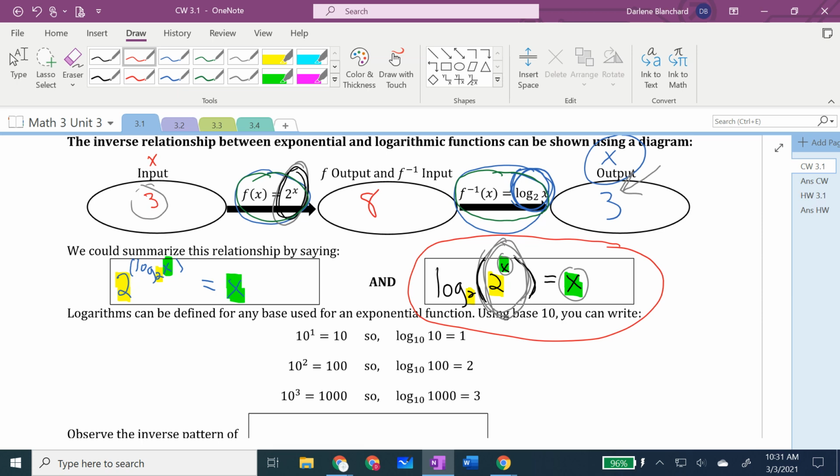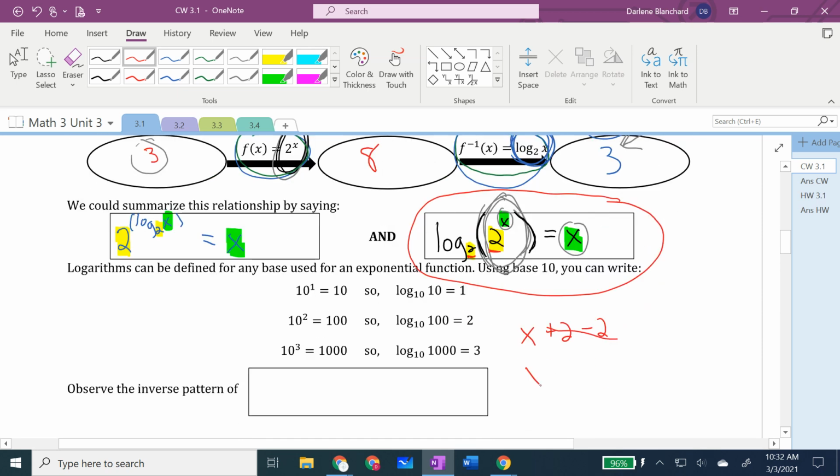And it's an understanding of how if the base of the logarithm matches the base of the exponential, they are operations that undo each other. Just like if you went +2 -2, they just don't need to be there. If you have multiplying by 2 and then dividing by 2, these really don't need to be here.